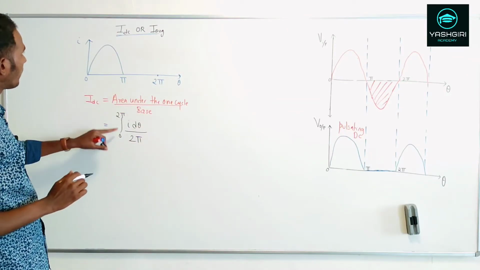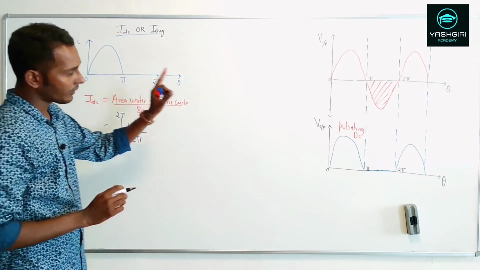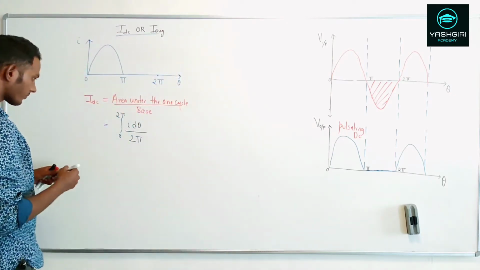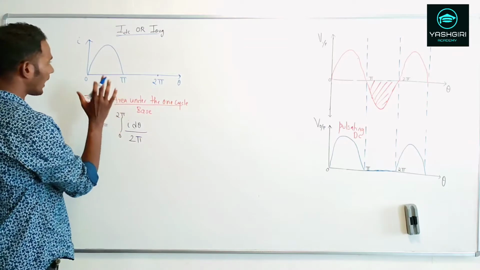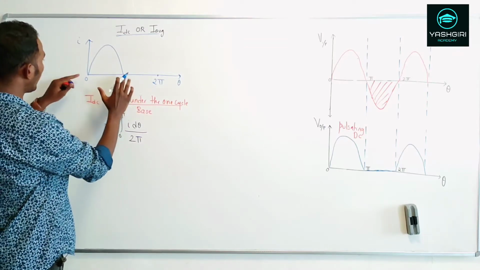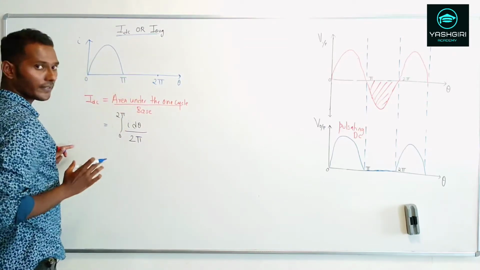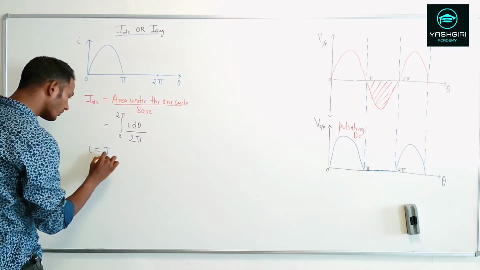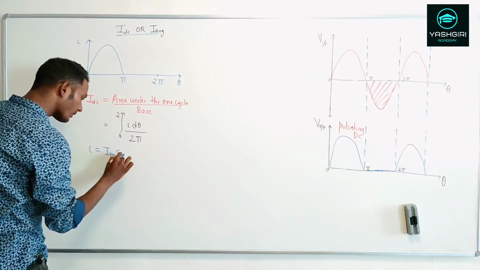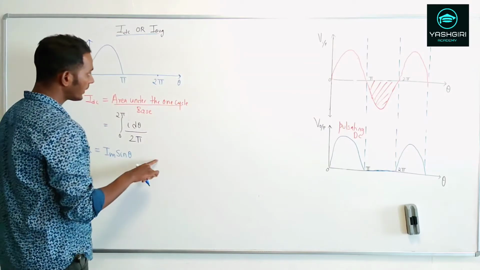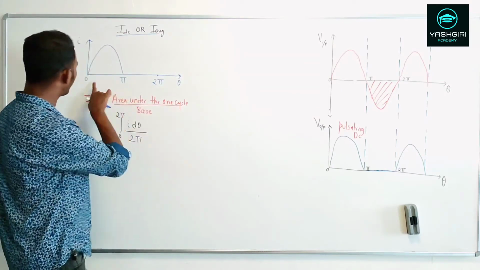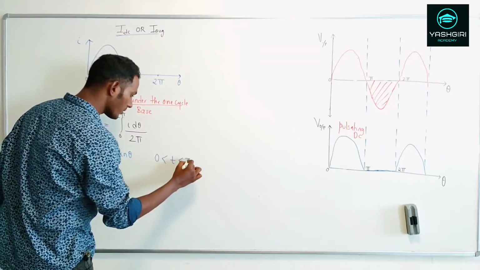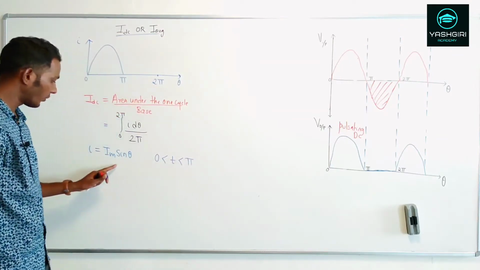All right, but we are looking for the half wave rectifier. So there are some conditions. What we know is that the half wave rectifier rectifies only the positive half cycle. So I can say the current I will be equal to Im sin theta for the region from 0 to pi, where you get the maximum current Im.